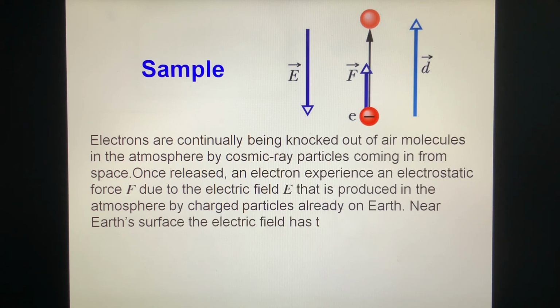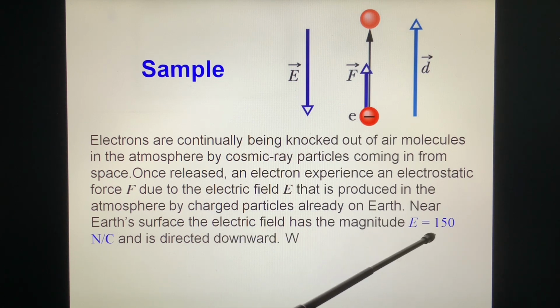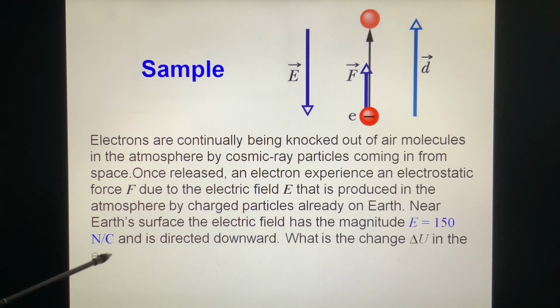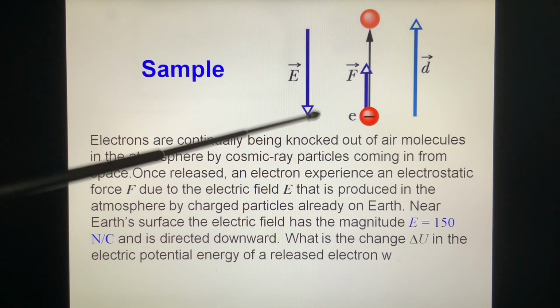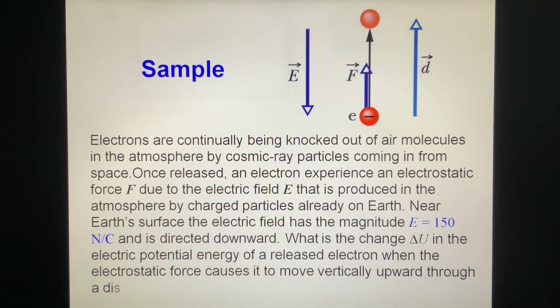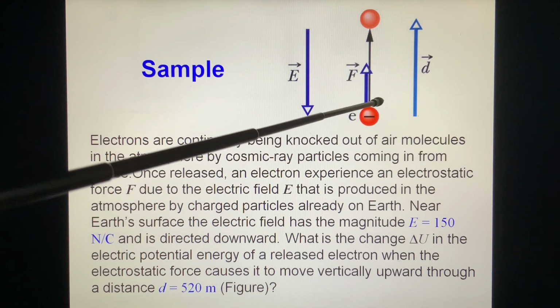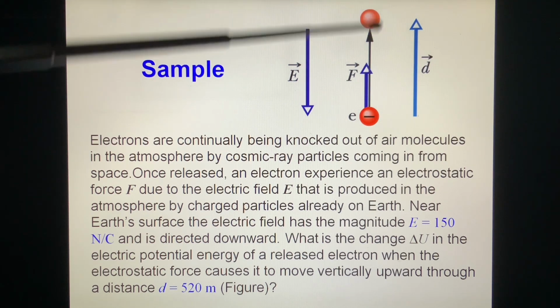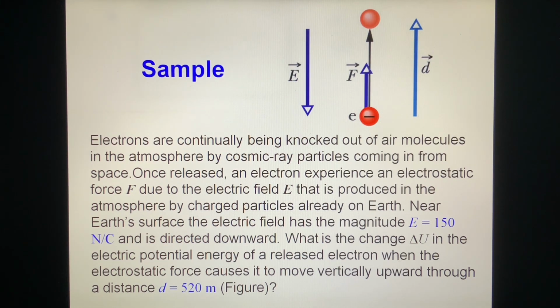Near Earth's surface, the electric field has the magnitude E, 150 Newton per coulomb, and is directed downward. Question: what is the change delta U in the electric potential energy of a released electron when the electrostatic force causes it to move vertically upward a distance d of 520 meters?